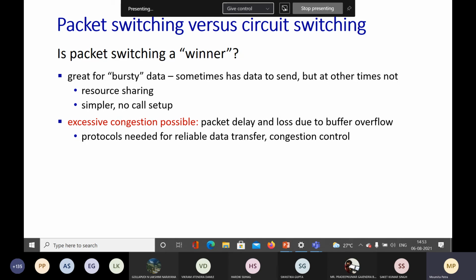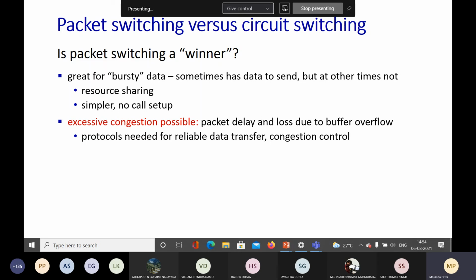Someone asked me a few slides back what happens if a router is full and the source is still sending data. At that time I said the packet will be dropped. This scenario, where the source is sending a large amount of data to the router and the router's buffer is full, is known as congestion.